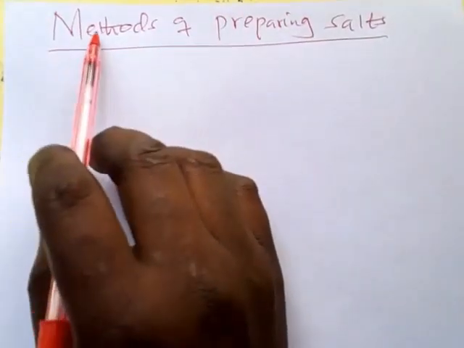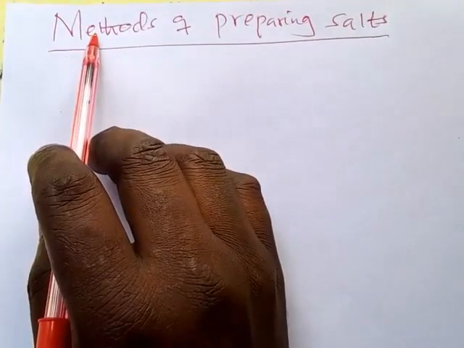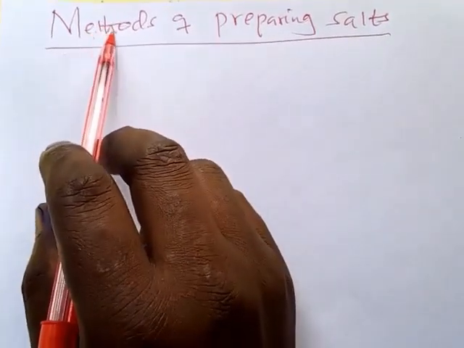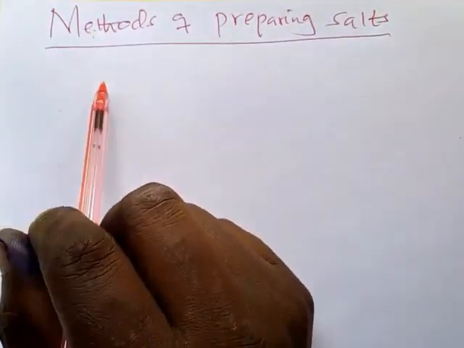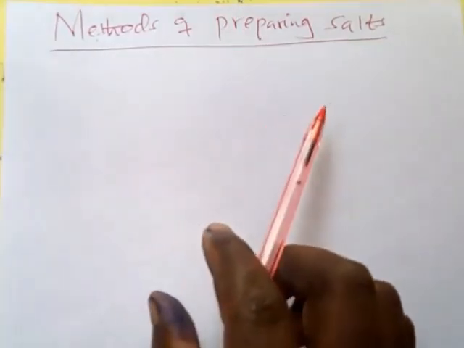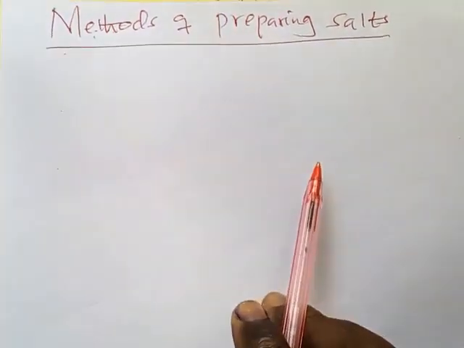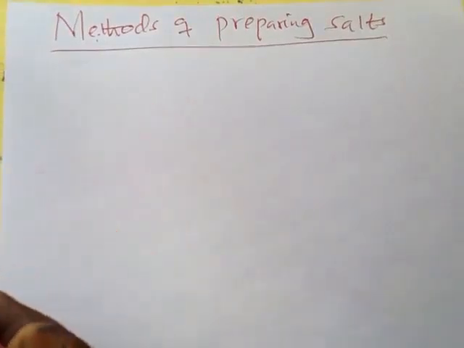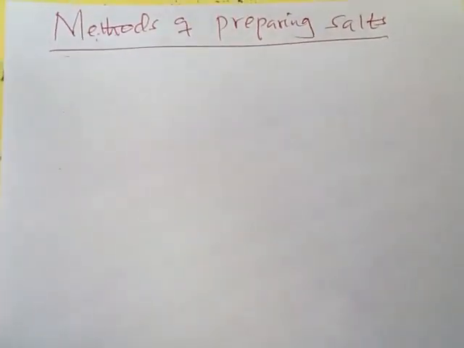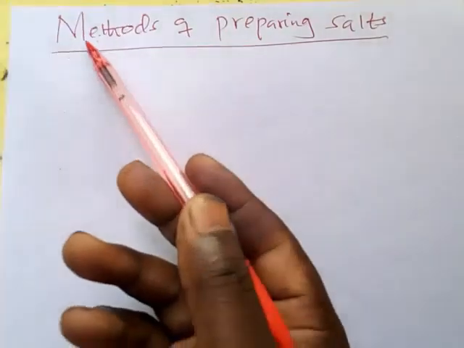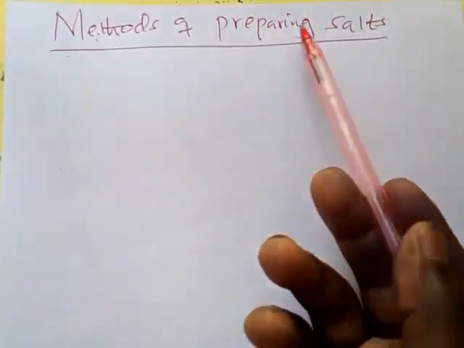So having given the basis of the salts, we have defined the salt, we have talked about the types of salts, and then we are talking about solubility, that all chlorides are soluble except the ones we have mentioned. So the importance of what we were doing there is this subtopic of methods of preparing salts.